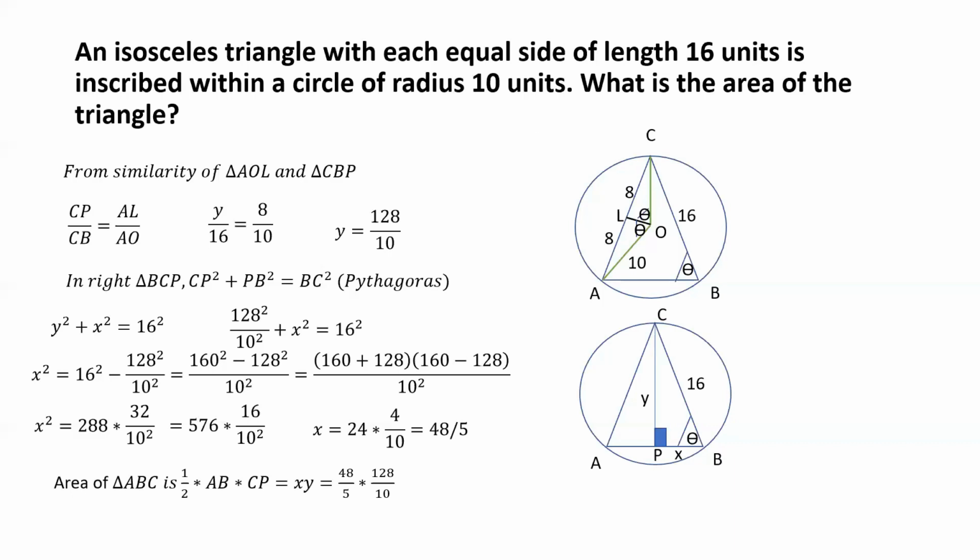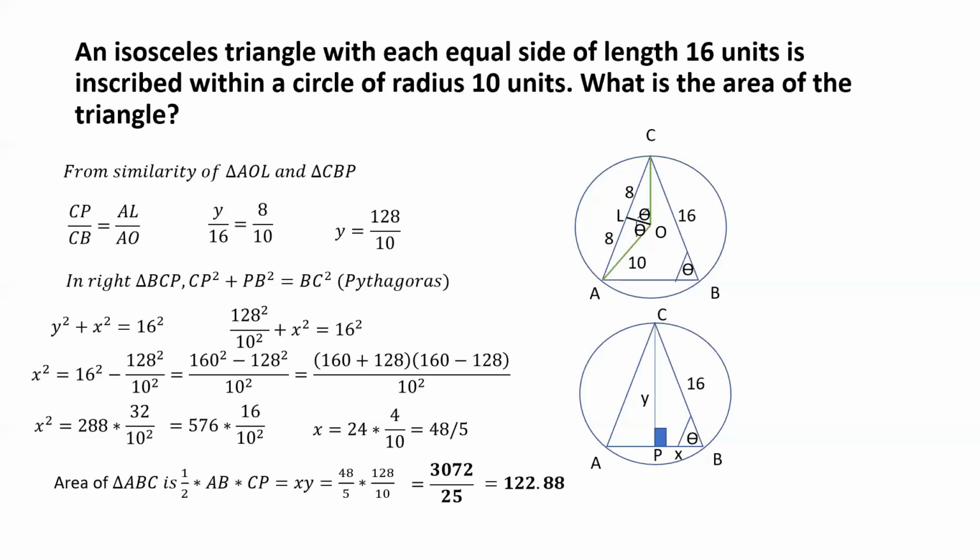So AB is 2x, and half of AB is x. With CP being y, the area can simply be written as x multiplied by y. Substituting the values, we get the final answer as 3072 divided by 25.